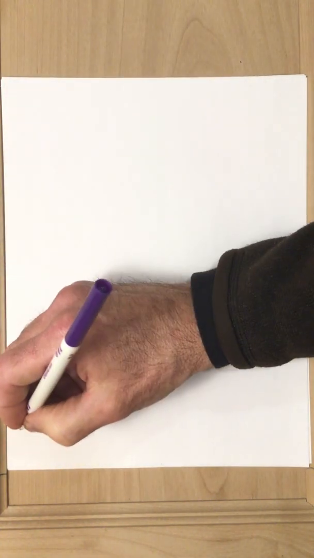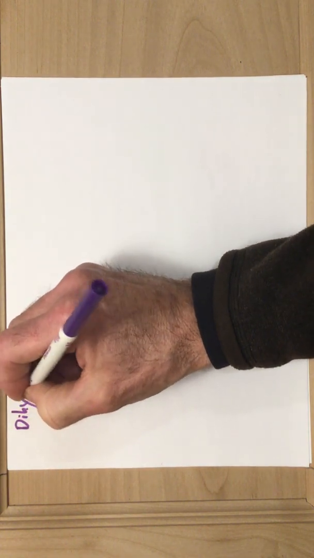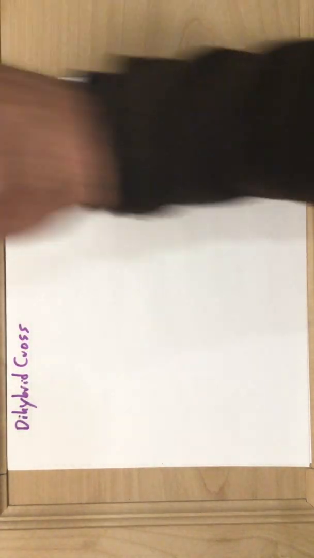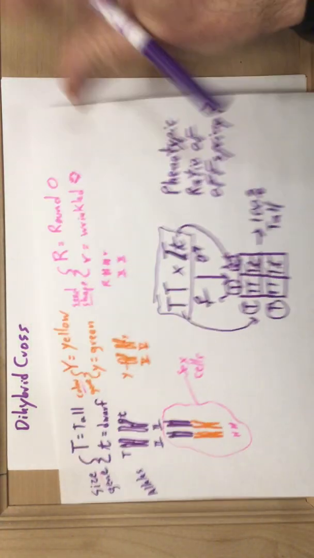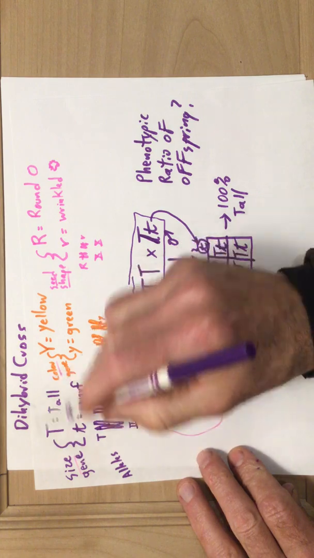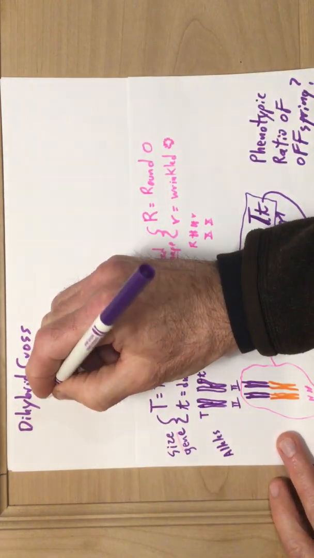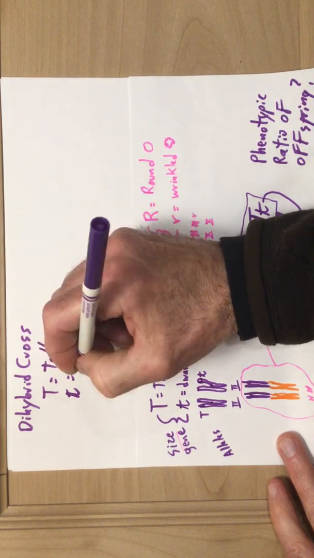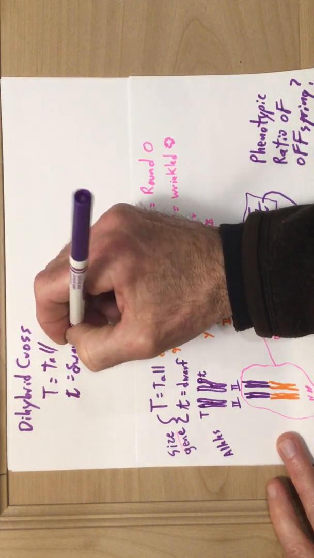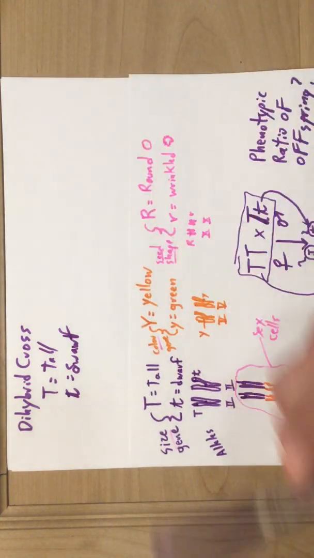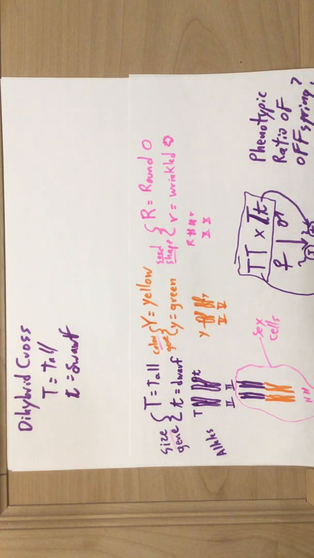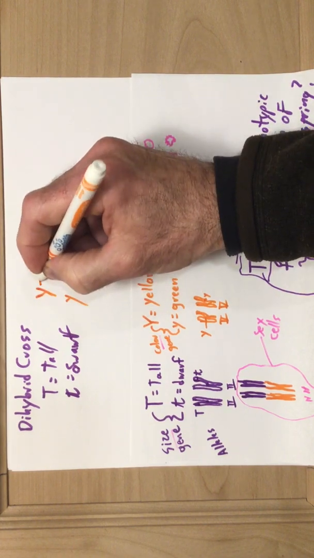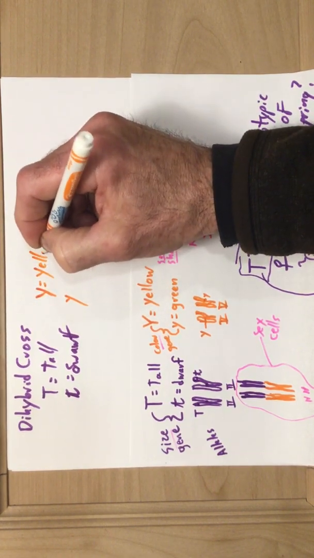Very quickly, let's do a dihybrid cross. Okay? In a dihybrid cross, we're going to use two traits. Let's use the purple tall dwarf. Okay, so big T versus little t. Tall, dwarf. And let's use yellow versus green.